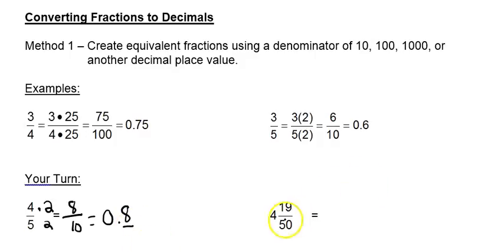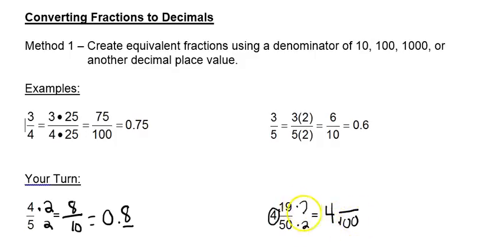For this example, you need to pay attention to the whole number because we actually have a whole number of 4 here. So we know that 4 will be our whole number. And then ask ourselves, the first place value is tenths. Well, 50 is bigger than 10, so I cannot get tenths. But the next place value is hundredths, and I can multiply 50 by 2 to get the hundredths place value.